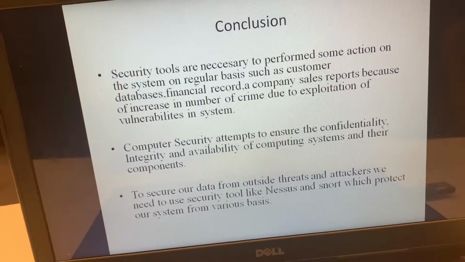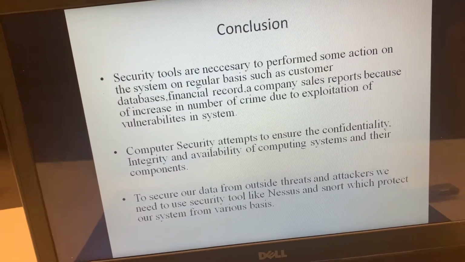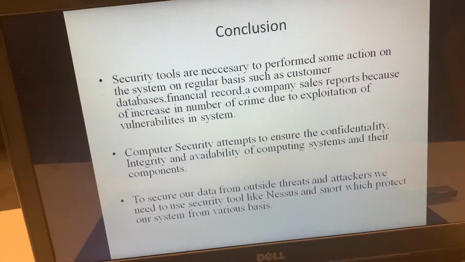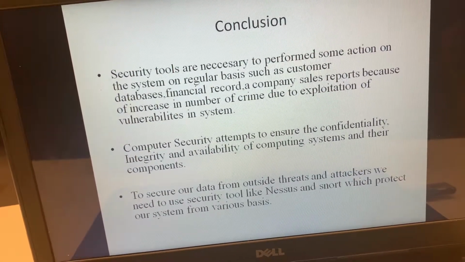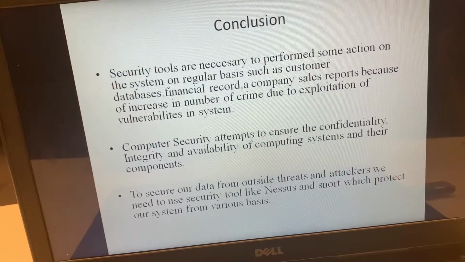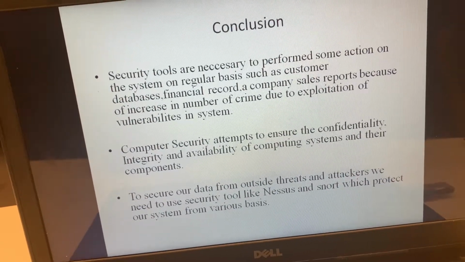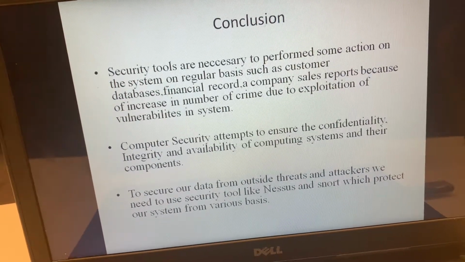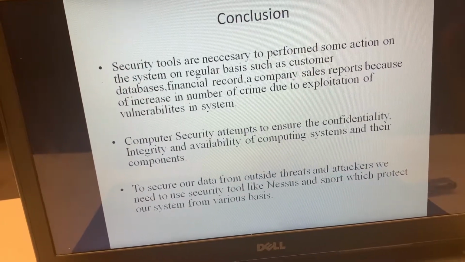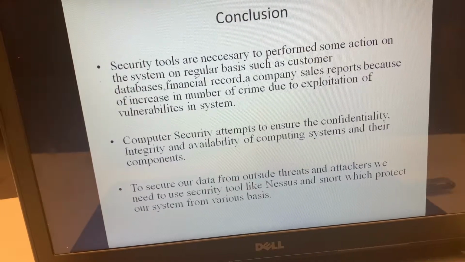At the last, I will conclude that security tools are necessary to perform some actions on the system on a regular basis, such as on customer databases, financial records and company sales reports, because of the increase in the number of crimes due to exploitation of vulnerabilities in the system.